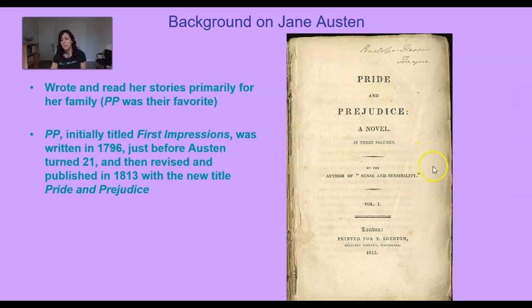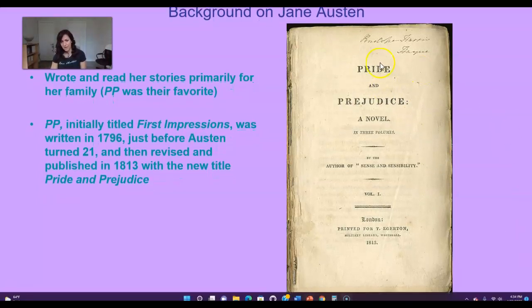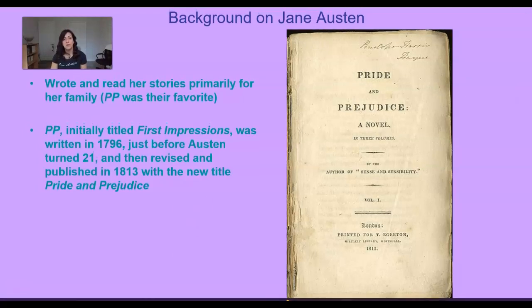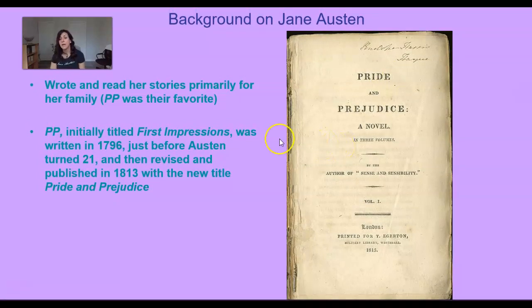Just a little bit more about Pride and Prejudice that I did want to clarify for you guys. Sorry, let me just make this bigger. Pride and Prejudice was originally titled First Impressions. And I love that title too. I do see why she later changed it to Pride and Prejudice. But first impressions, that's what we usually get when we meet someone for the first time, right?